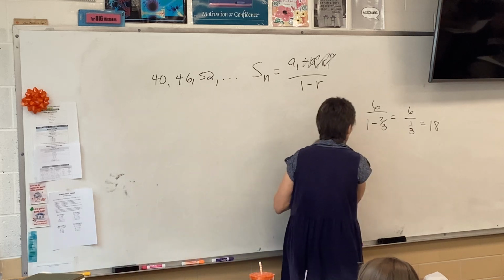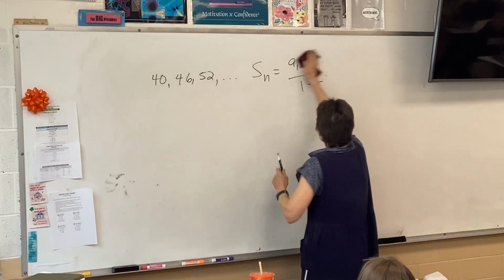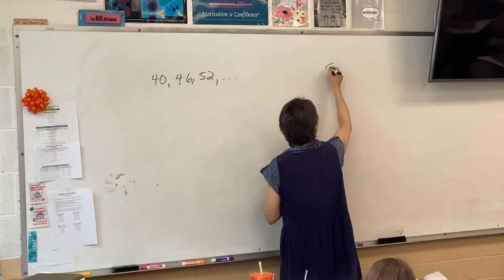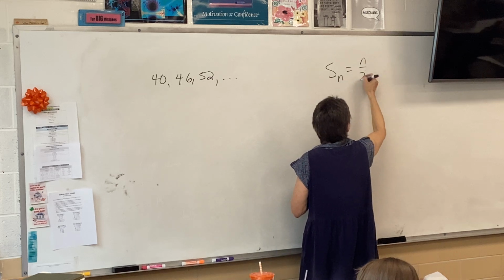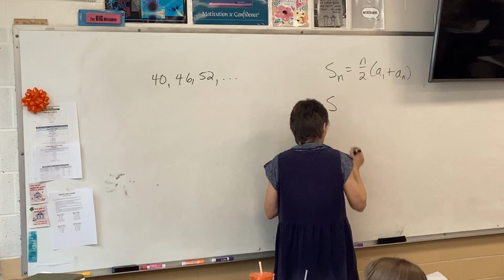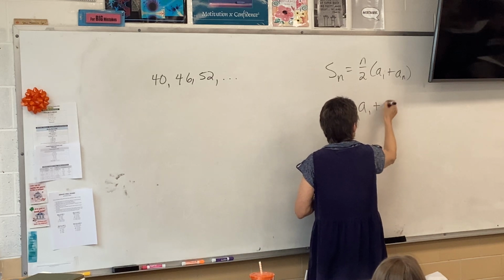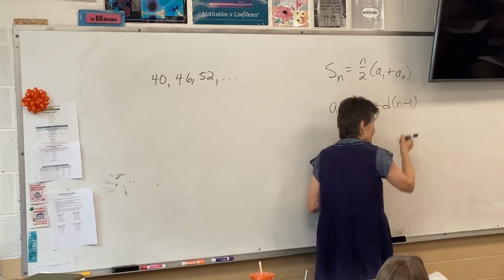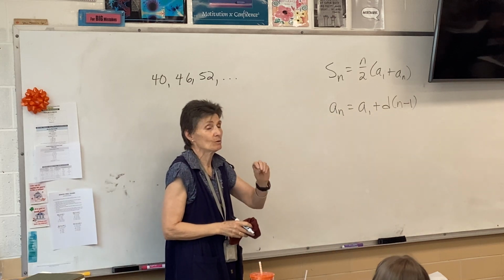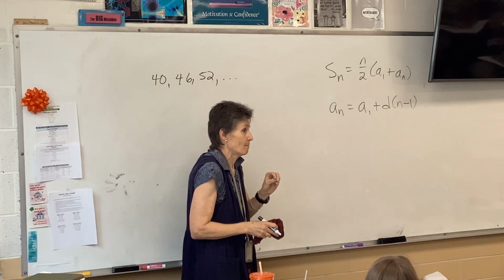So you can see what's happening here. It went up by 6. So what kind of sequence? It's arithmetic. And my 2 arithmetic formulas are these. Even if I give you the formulas, which I think I'm going to, you're not going to be able to use them if you don't know what's what.